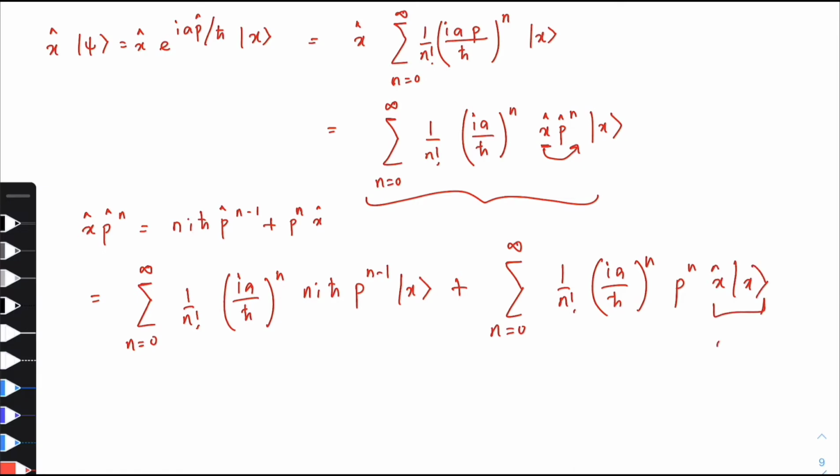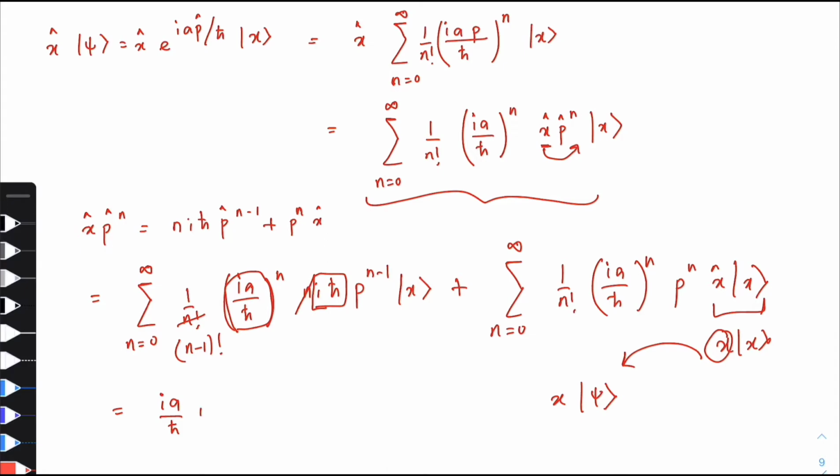So this, we know, is x times |x>. So this x can be taken out of the summation. From this term we have x times the ket psi. Here n cancels out with n factorial and gives n minus 1 factorial. Then we take one factor of this quantity out.